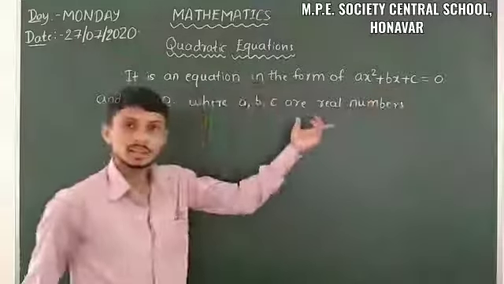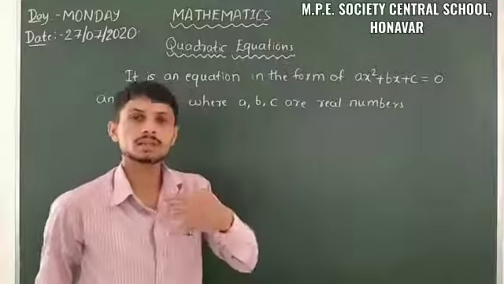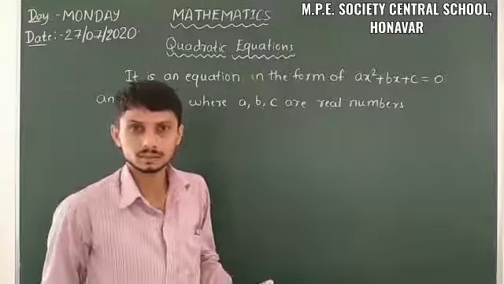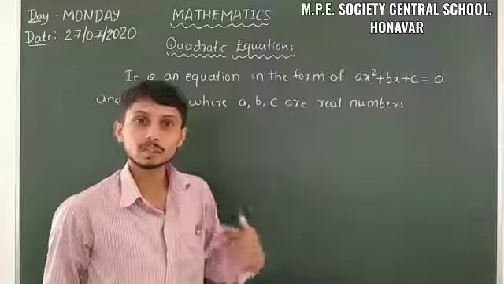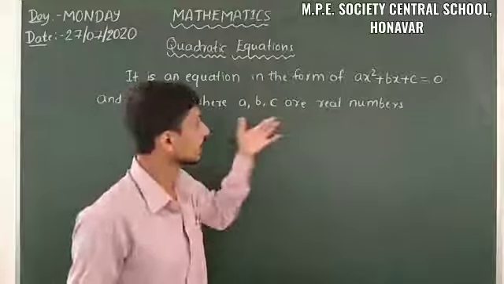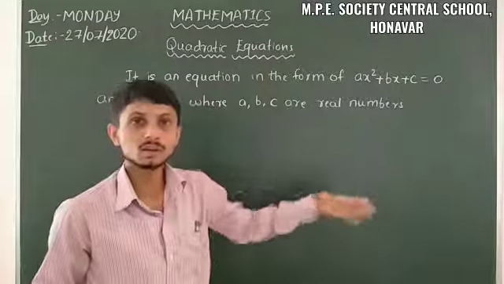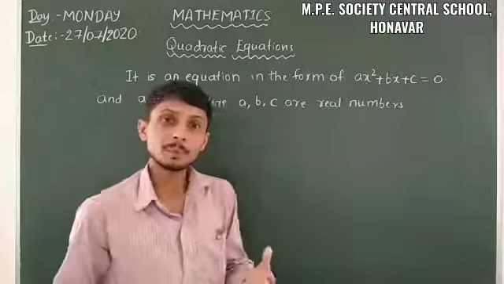We are taking the real numbers here, so whether it may be rational numbers or irrational numbers, we keep on taking real numbers as a, b, c. So we can write it in a form of mathematical notation.